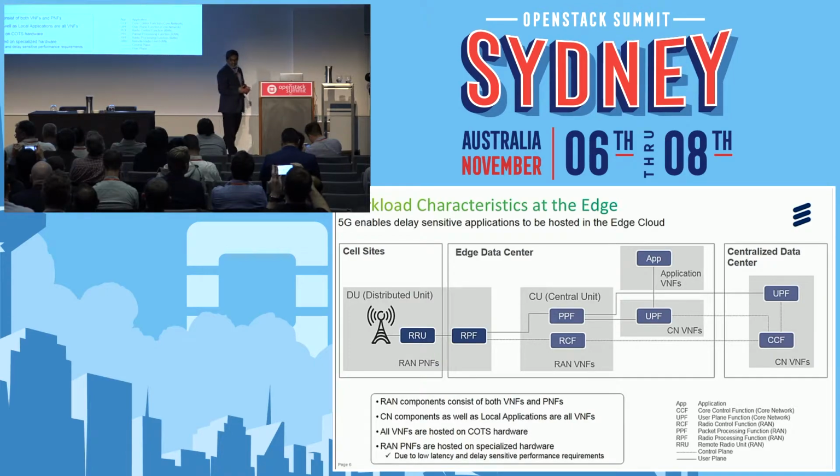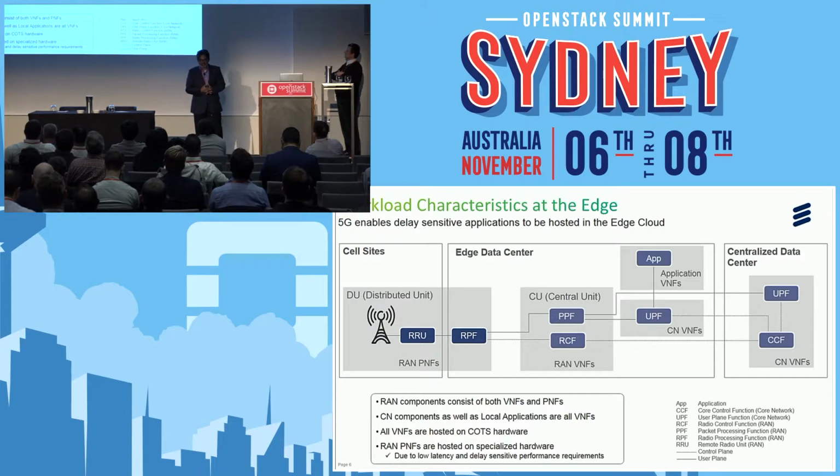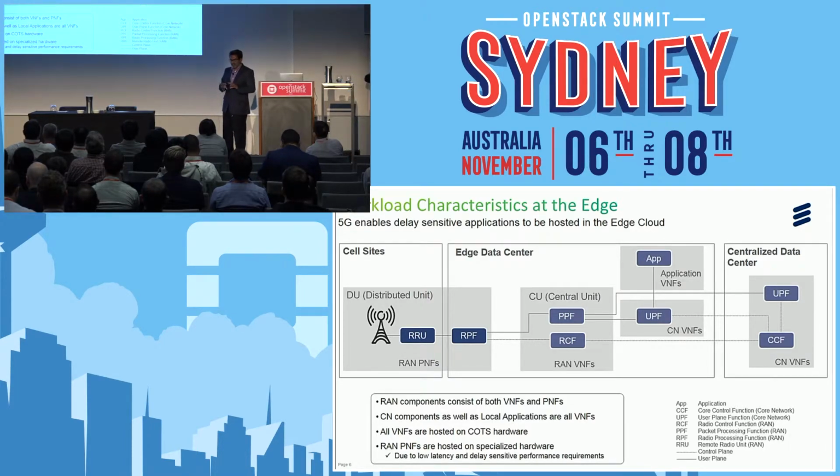The key takeaway here is that some functions in the RAN will still be purpose-built physical network functions, mainly because of the latency and delay-sensitive requirements imposed on the access network. And some of the other parts which are PNFs today will be disaggregated and then distributed across different parts of the network.